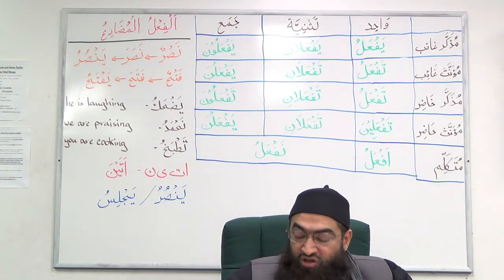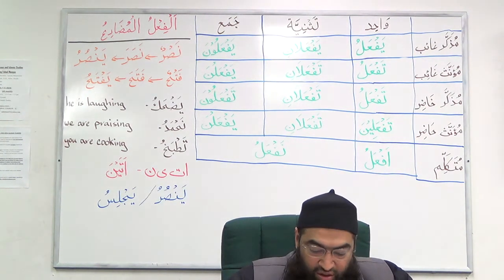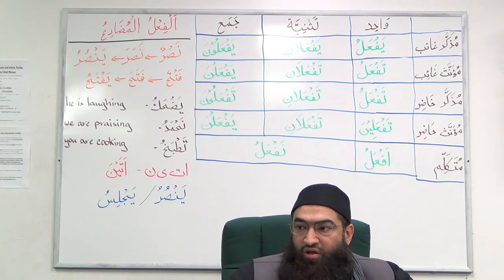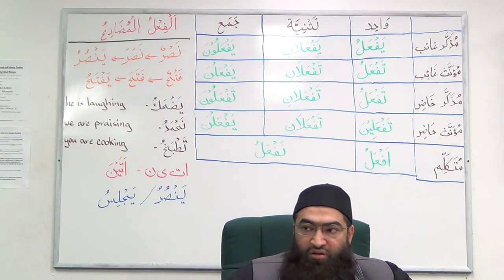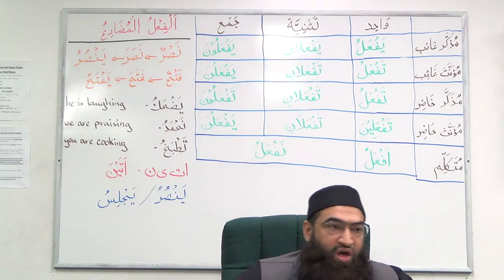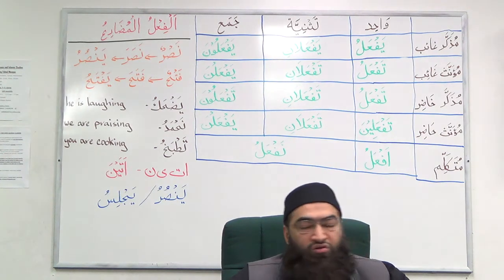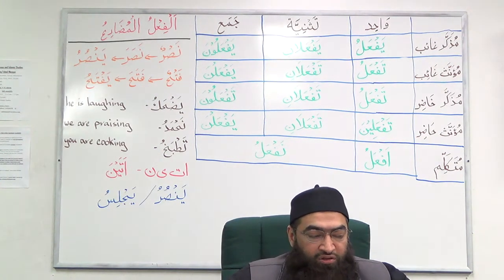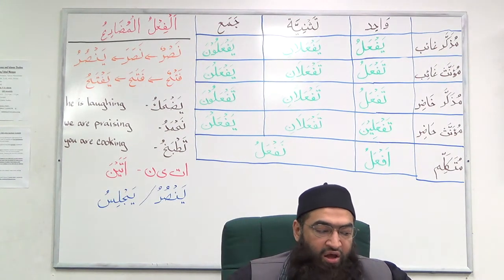This has all been mentioned before in detail. Also, when you want to negate the past tense, you put a ma in the beginning of it. And then also the active, ma'ruf, and the passive, majhul. It's all been mentioned in detail.